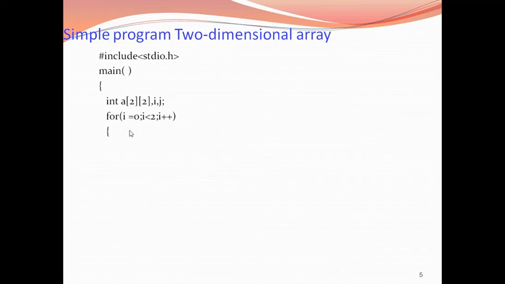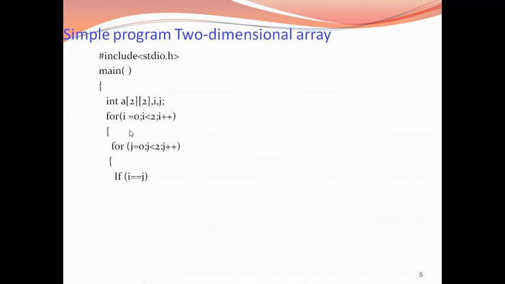For i equal to 0, i less than 2, i plus plus. Within the for loop, we are writing one more for loop. This is called nested loops. For j equal to 0, j less than 2, j plus plus.